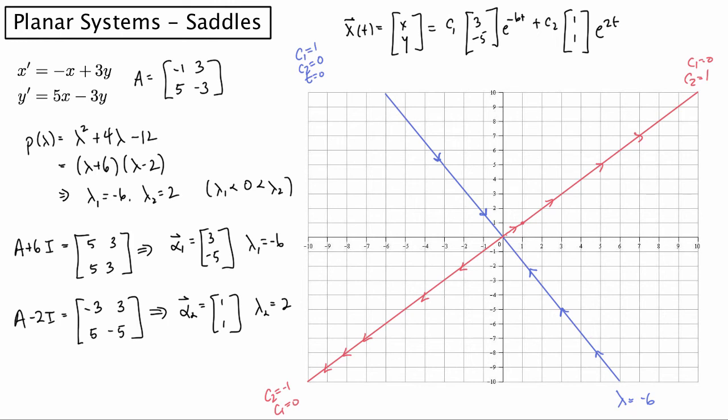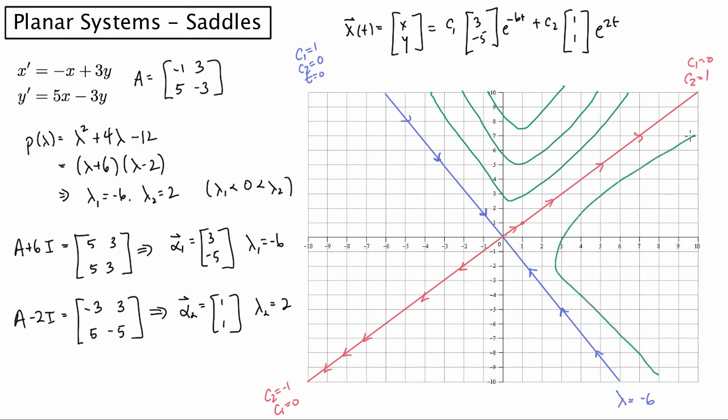Well, what this means for our solution behaviors is we don't have to worry as much about which one dominates because you can clearly see the reaction that's going to happen here. You're going to get curves that come in along this one, but they're going to get closer here, and eventually the red pulls them away. Same thing here, solutions are going to come in along blue, but they're going to leave along red because red is going to be the dominant one moving forward in time.